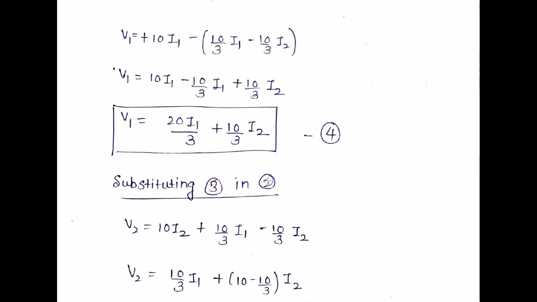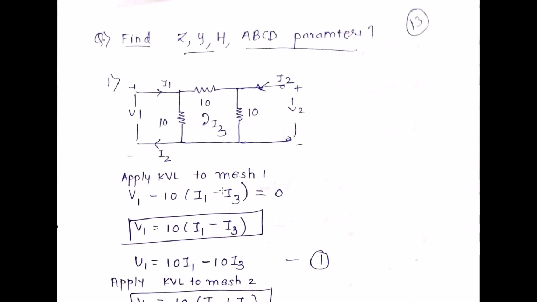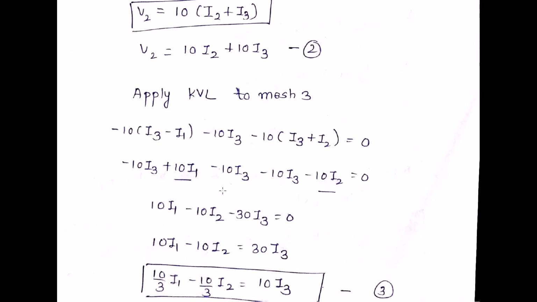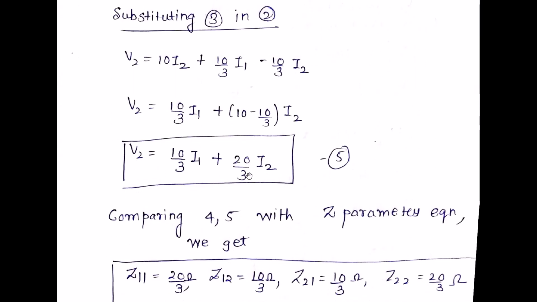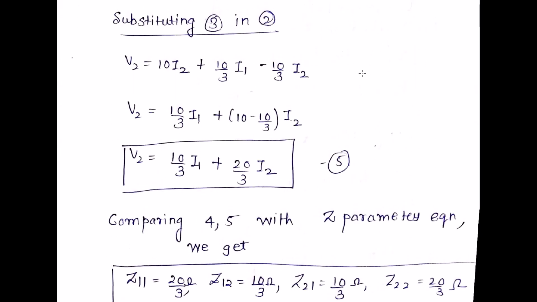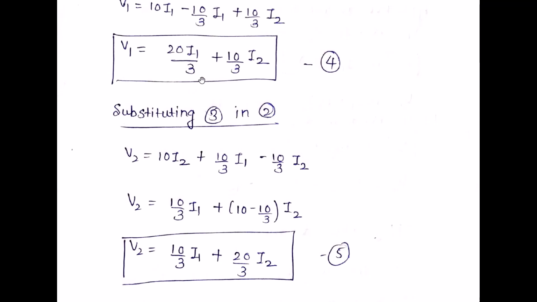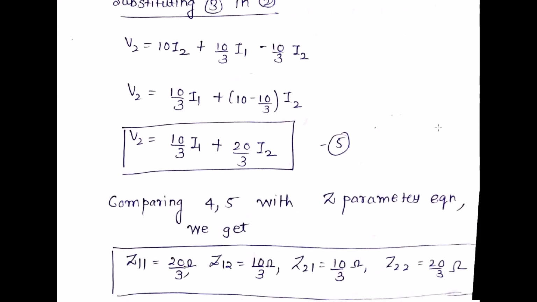When you are substituting the third equation in the second equation over here, you will get V2 in terms of I1 and I2. So you have V1, V2 and I1, I2. I hope I'm very clear with this. Hence finally you will get all these Z parameters.